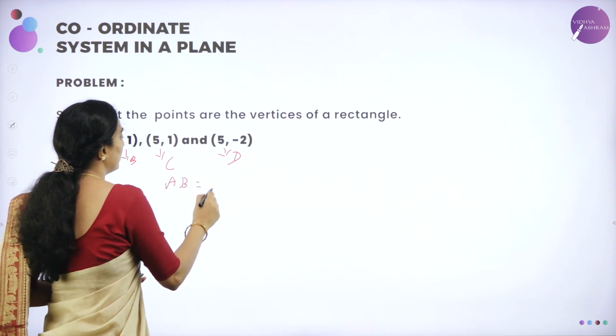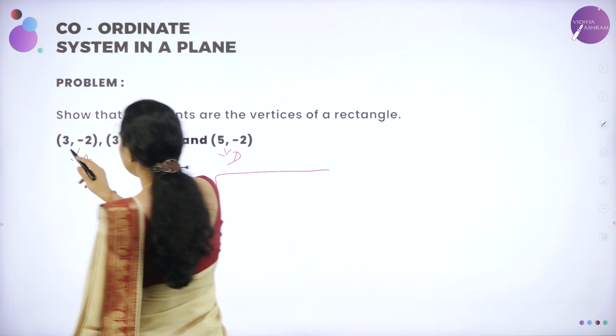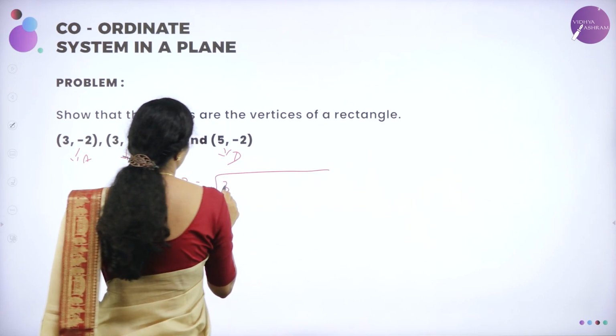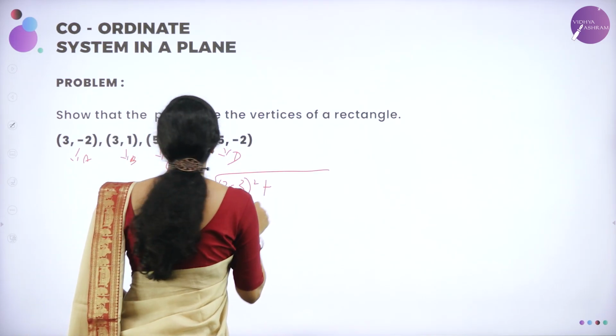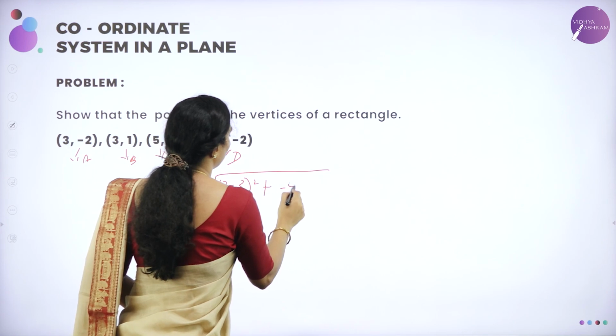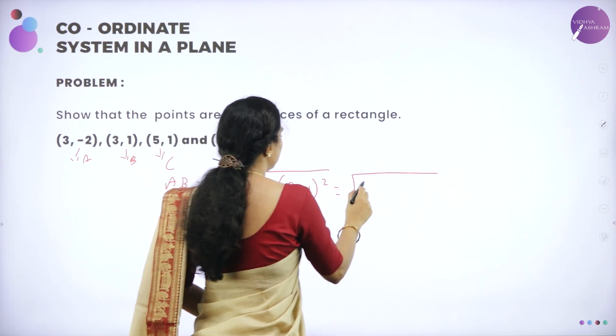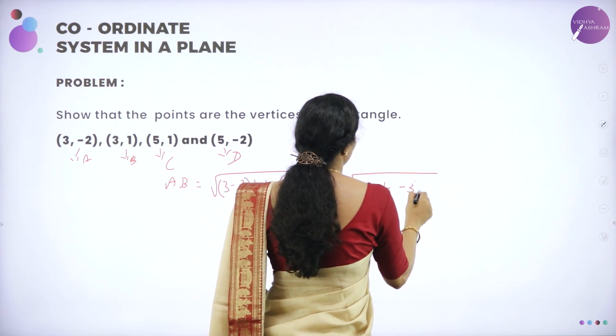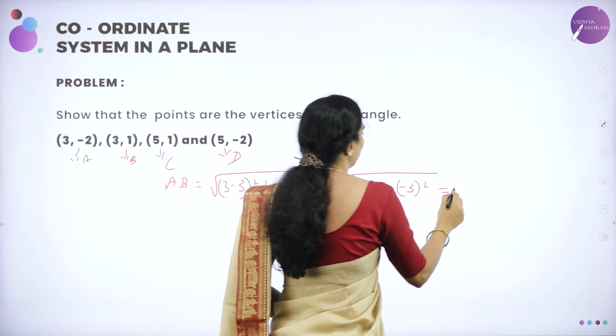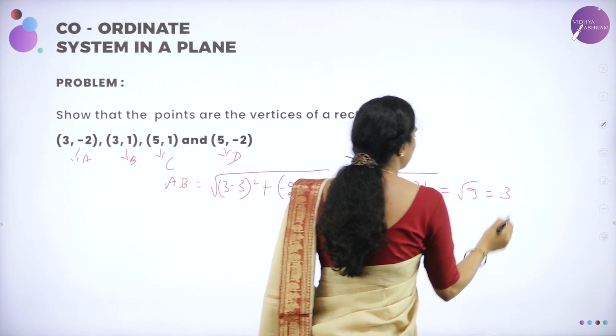What is AB? Distance formula: square root of 3 minus 3 whole square plus minus 2 minus 1 whole square is equal to square root of 0 plus minus 3 whole square, which is root 9, equal to 3.